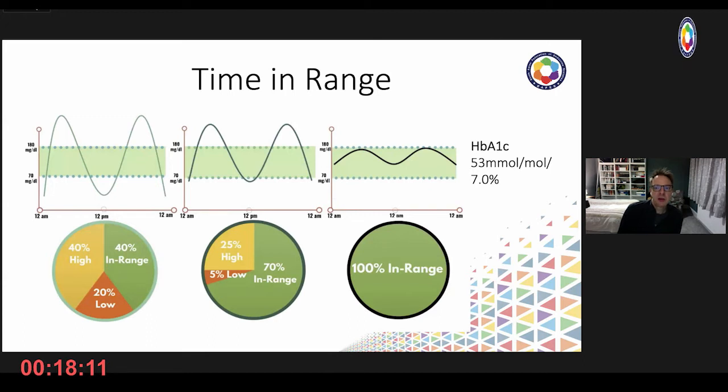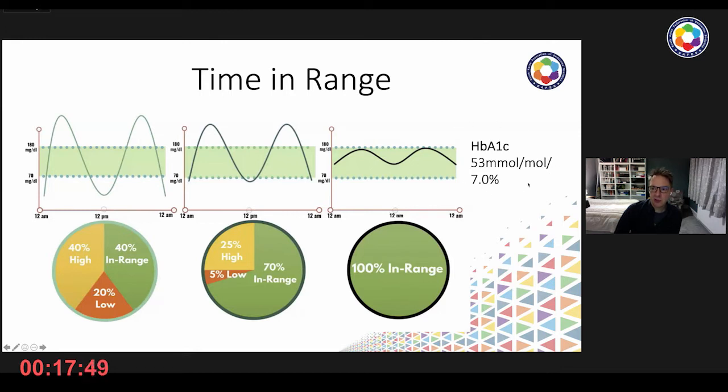These are 3 different glucose profiles, but they all tell us the same thing for HbA1c. So for each of these profiles, on the left, a very variable profile with lots of time that's of higher glucose and lots of time with lower glucose, an intermediate glucose profile and a very flat glucose profile, but they all have the same.